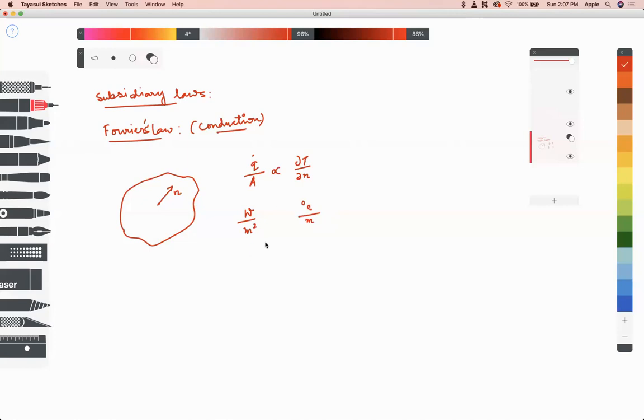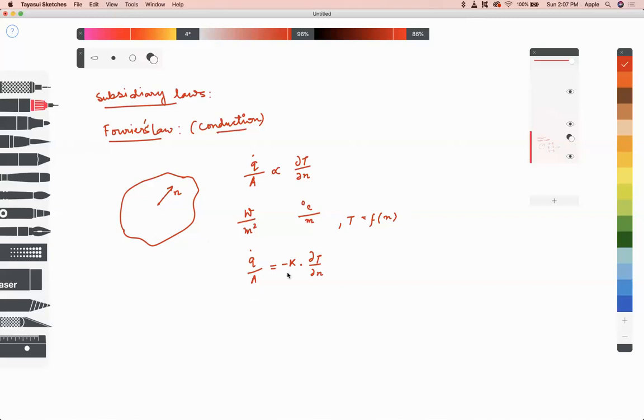If we remove this proportionality, we will write it as k into dou T dou n, where T is a function of n. Depending upon which direction you choose, temperature will vary differently. Suppose you choose the Cartesian coordinate system, the temperature variation in x direction will be different compared to y direction, and compared to z direction.